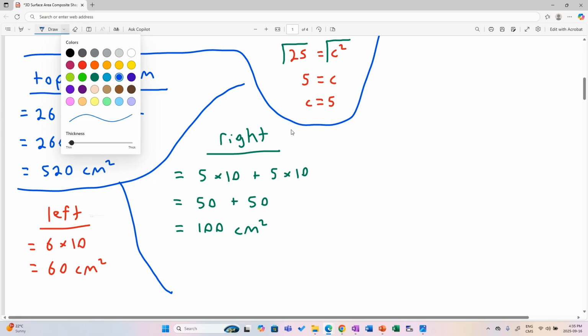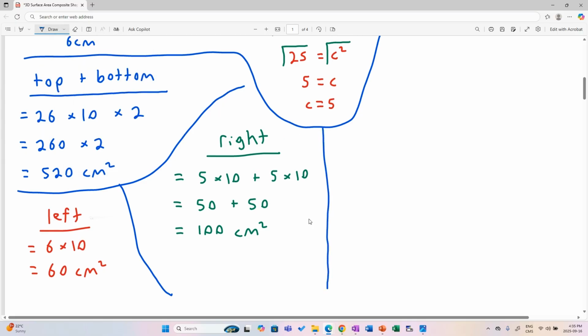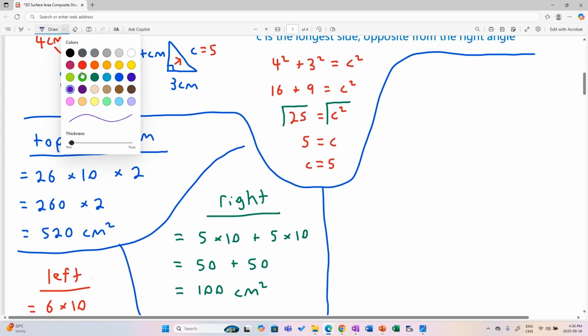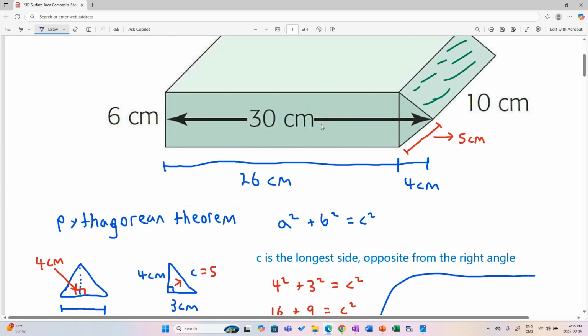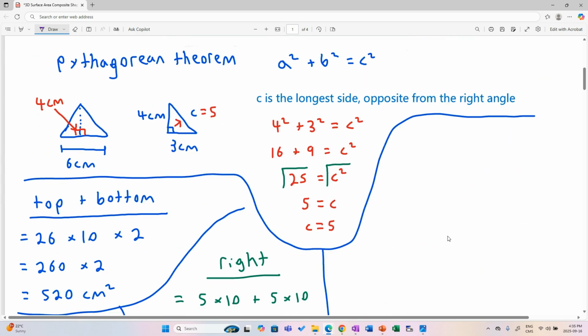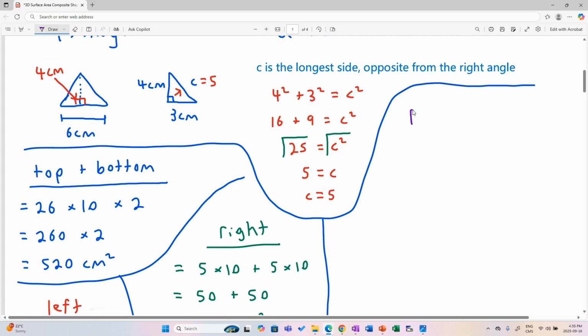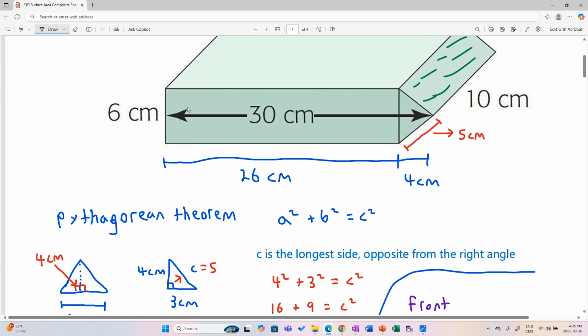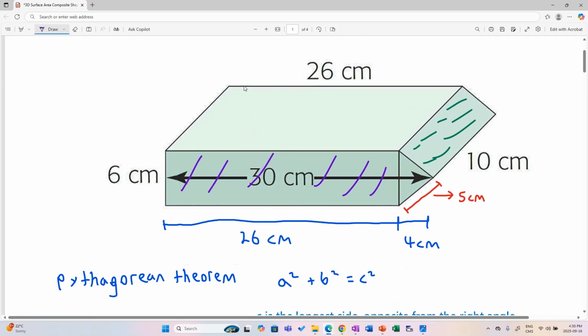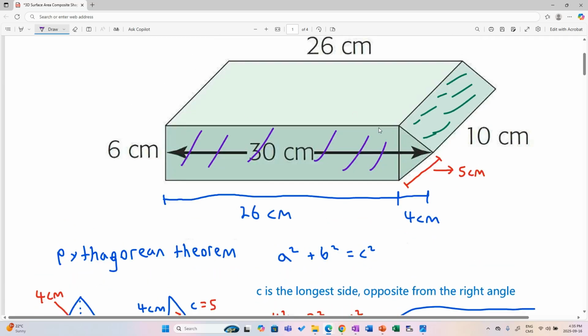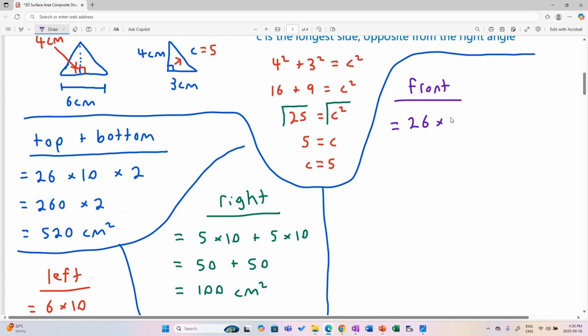I only have a couple left. The ones I have left are going to be the front, and the front is the same as the back. Let's do the front first. My front is kind of split up though. Notice in the front, I have a rectangle here that is 26 times 6. And now I'm going to add something else.